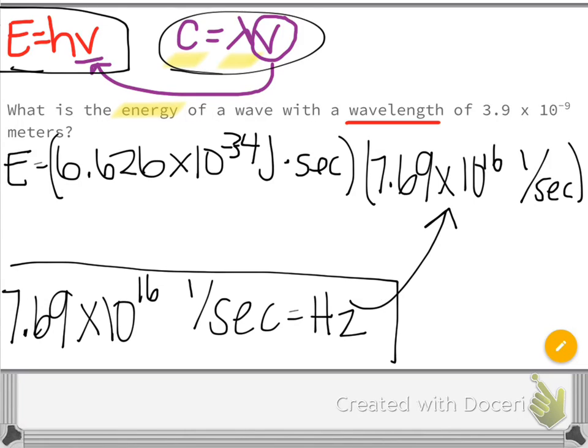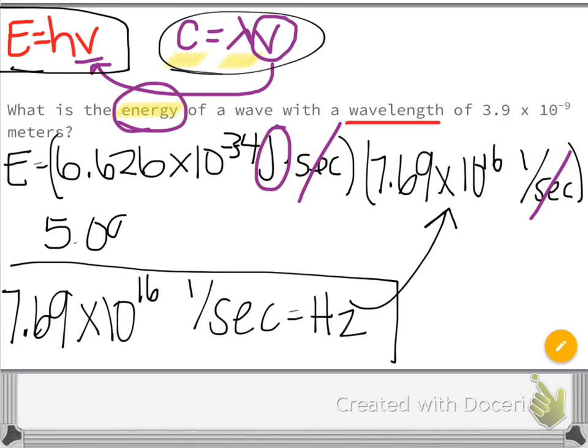So now our units, get rid of those. Seconds cancel. We are left with joules, which is what we want because we are solving for energy. And when we plug that in, we get 5.09 times 10 to the negative 17th joules.